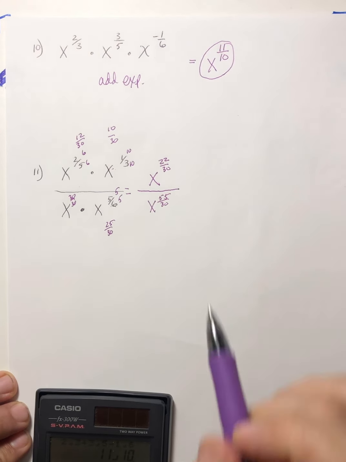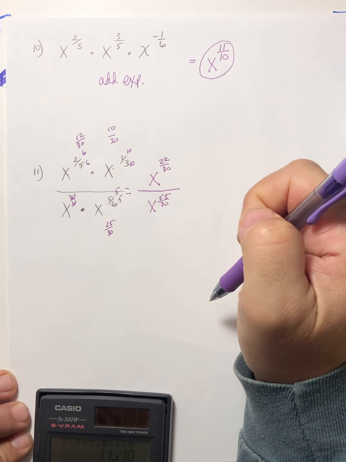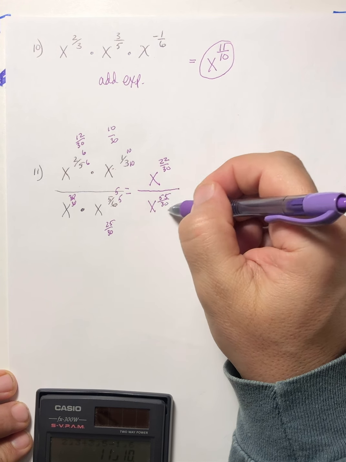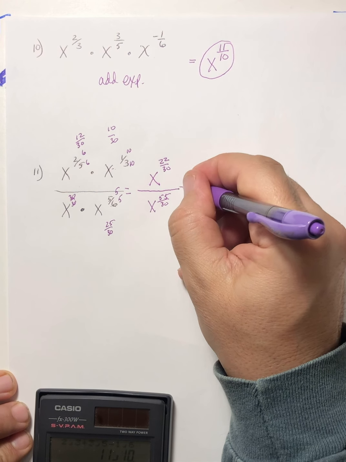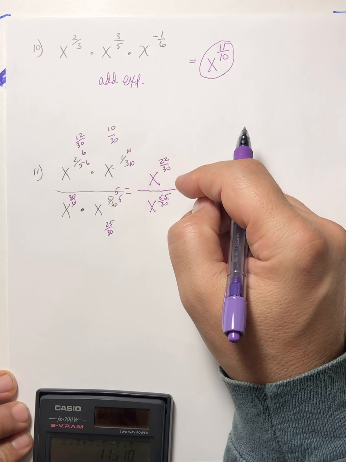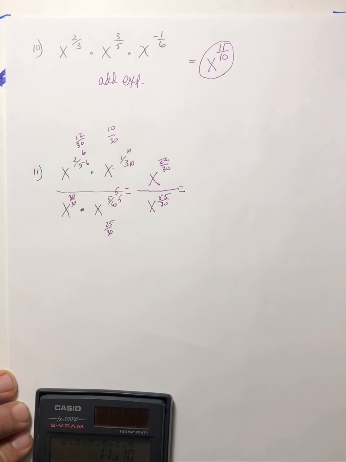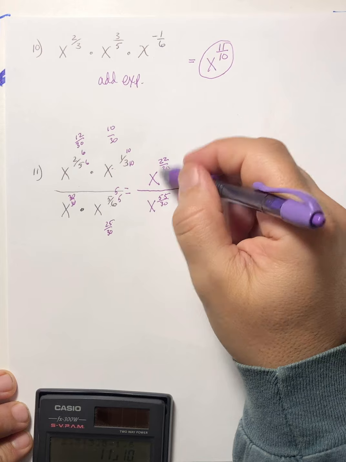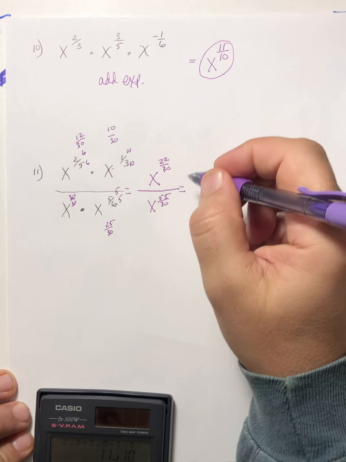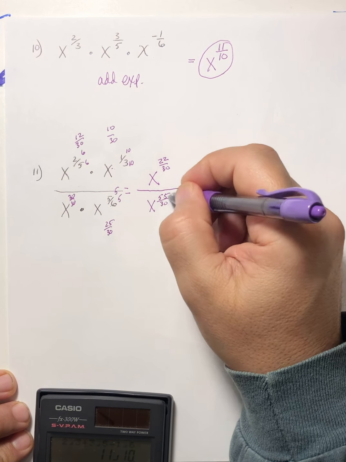All right, now, which exponent is larger? Right, the 55 over 30 is larger. Okay, so now we have to subtract. But which one do we write down first? That's right, the 55 has to get written down first.